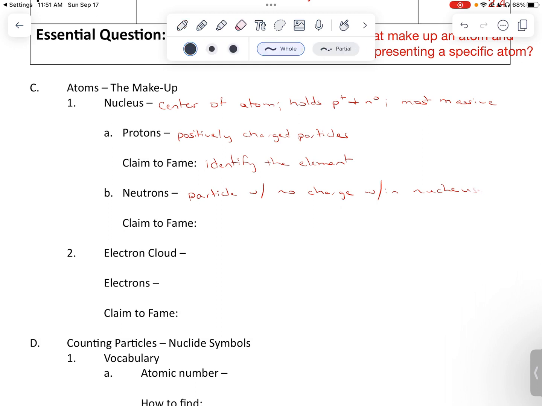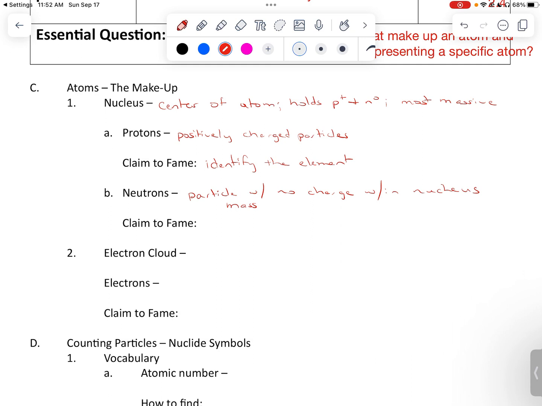There we go. So it's no charge within the nucleus. This is very massive, also big, because the neutron, we think, is made up of a proton and an electron, which we'll get to in a couple of seconds. So it's actually a little bit more massive than a proton, but for our purposes, we're not going to differentiate between the masses of those two.